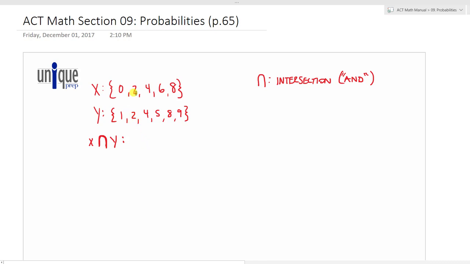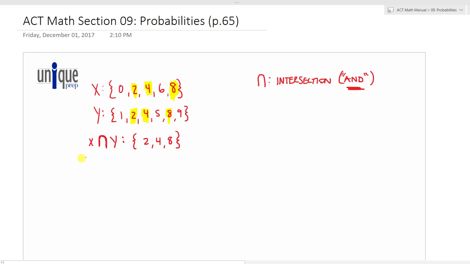And if we look at these two sets, we can see that they intersect here. They both contain the value 2. They intersect here. They both contain the value 4. And they intersect here. They both contain the value 8. So the intersection of these two sets is the set 2, 4, 8. Those are the three values that are in x and in y.